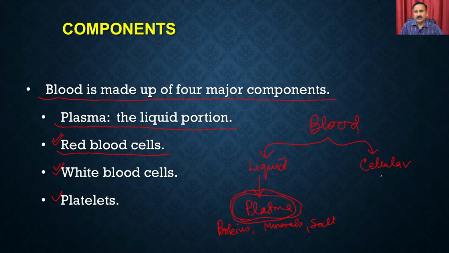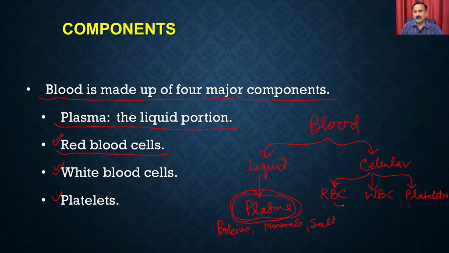Apart from that, in the cellular component, you are going to have three different types of cells: the red blood cells, the white blood cells, and the platelets. All these cellular components have their own functions.